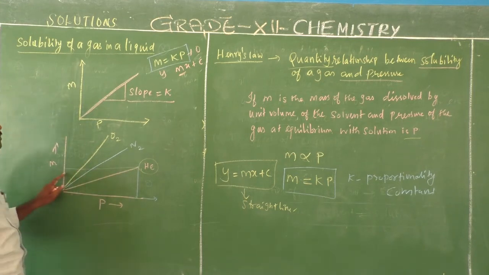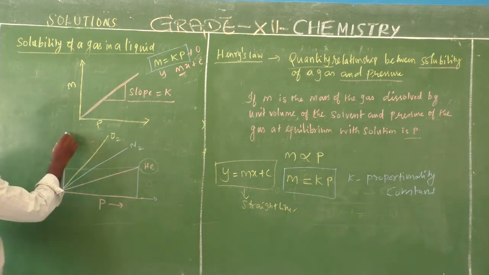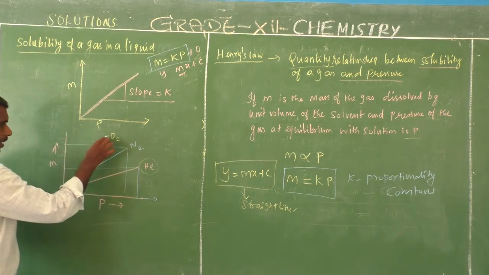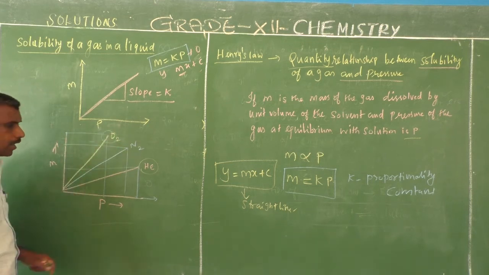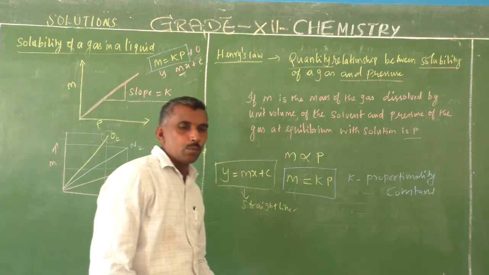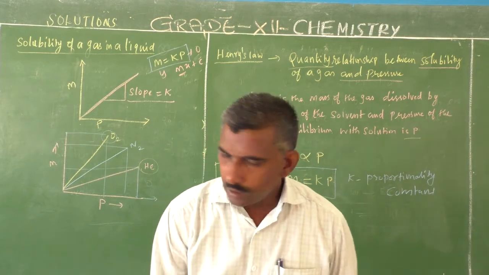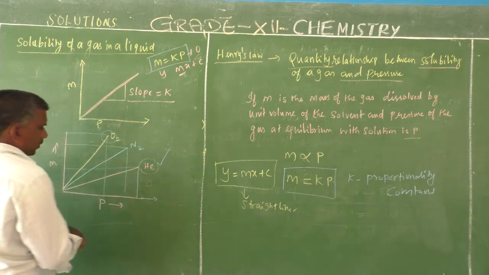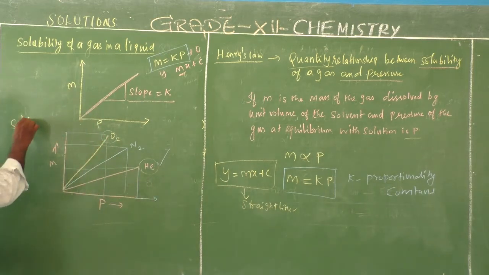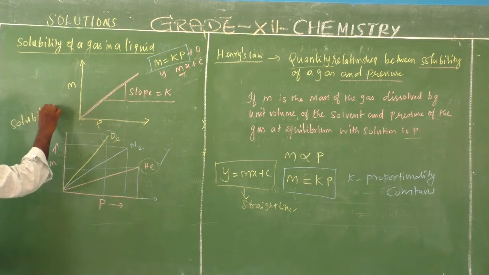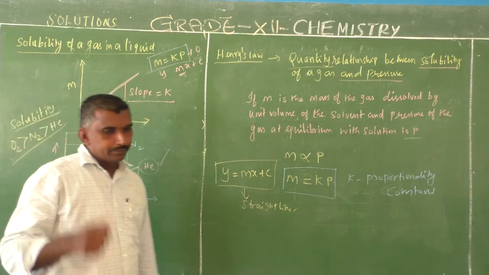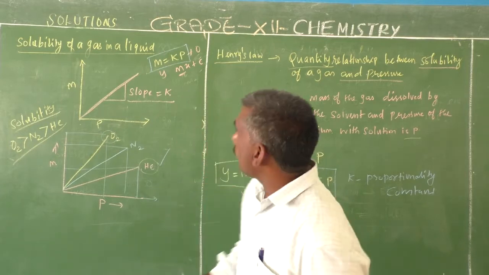Then nitrogen. At low pressure, oxygen has the maximum solubility. Among these three gases, helium has the least solubility. So the solubility is highest for oxygen, then nitrogen, next helium. Next, Henry's law in the form of mole fraction.